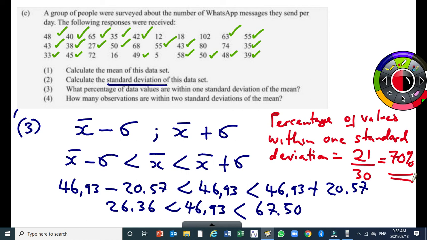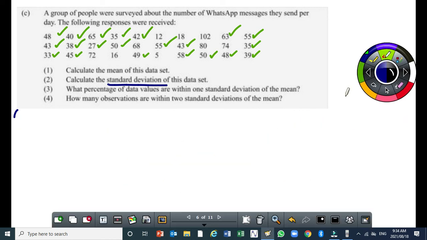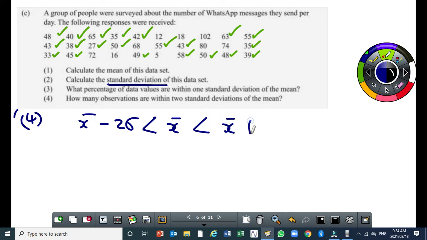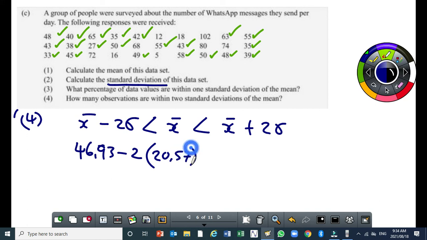And then number 4 says, how many observations are within 2 standard deviations? Can you get that for me quickly? We need to know how many values are such that x bar minus 2 sigma is less than x bar, which is less than x bar plus 2 sigma. We know that x bar is 46.93 minus 2 times the standard deviation, 20.57, and this is less than x bar, which is 46.93.